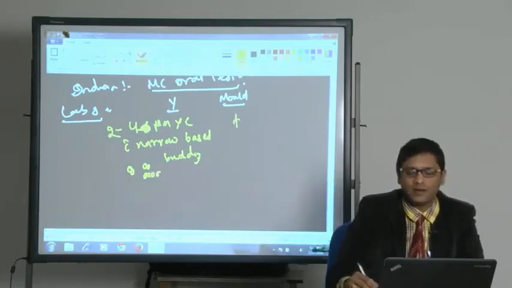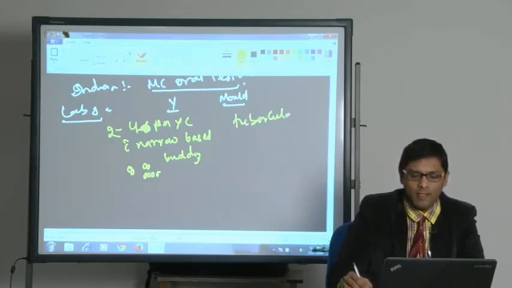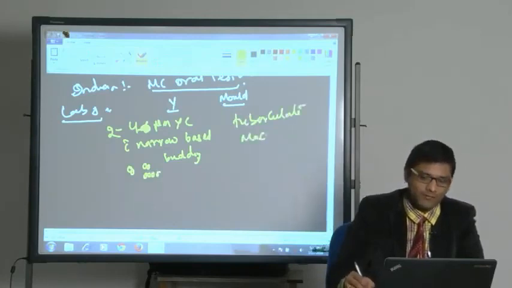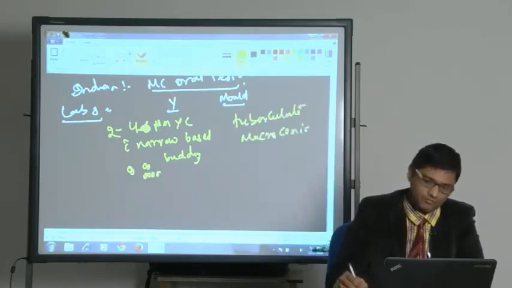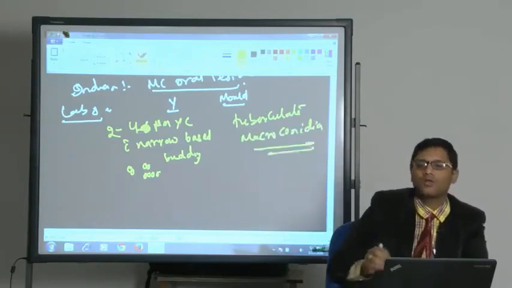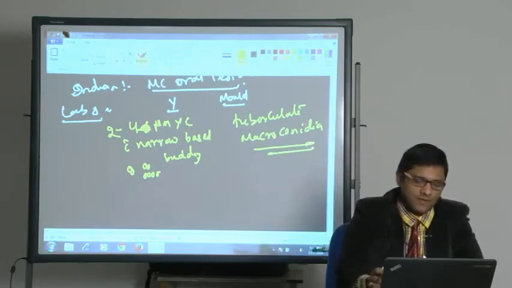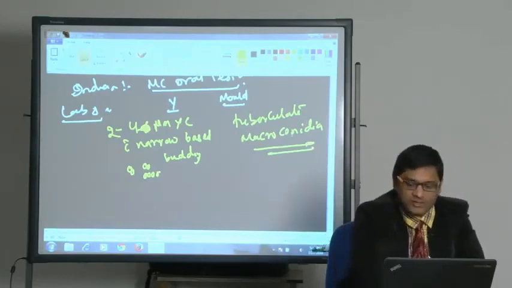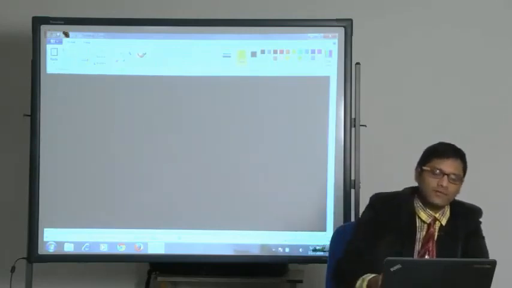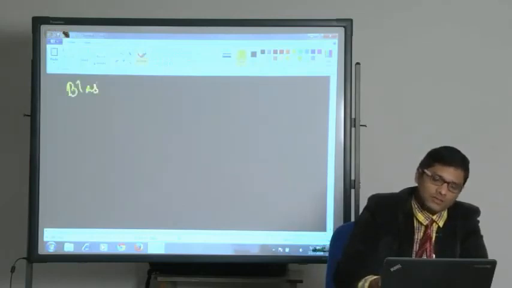The mold form is described as tuberculate macroconidia. So these are the features of histoplasmosis, which has to be differentiated from that of Blastomyces.